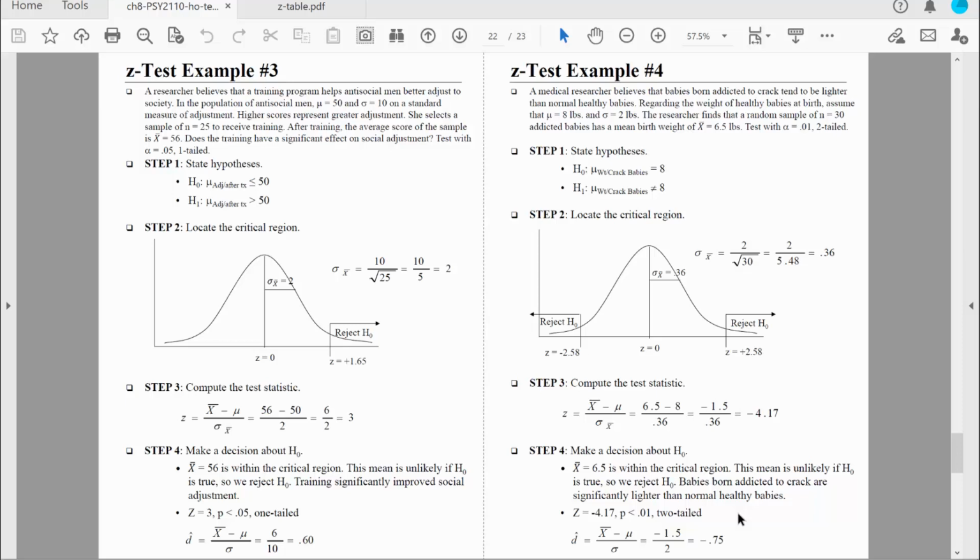Just to get a sense of the magnitude of that effect, let's think about it in terms of IQ scores. We know that the average IQ score is 100 and the standard deviation is 16. 3/4 of a standard deviation would be 12 points. Imagine having 12 points slashed from your IQ. That would be going from an average IQ of 100 to an IQ of 88.